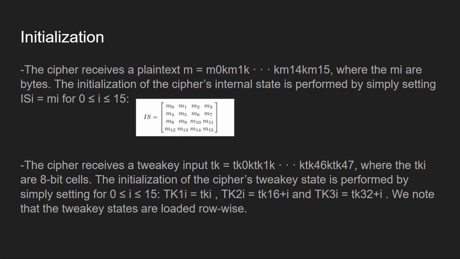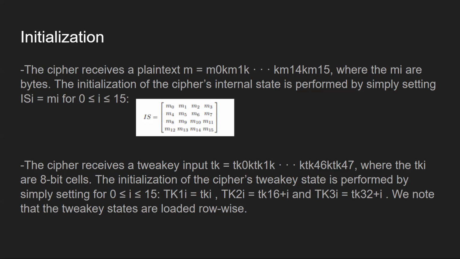So initialization: the cipher receives a plaintext M, M0 to M15, where the M are bytes, and the initialization of the cipher's internal state is performed by setting IS to M from 0 to 15. The cipher receives a tweakey input TK0 to TK47, where TK are 8-bit cells.